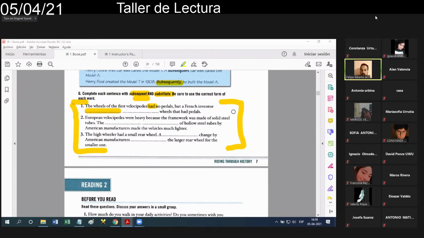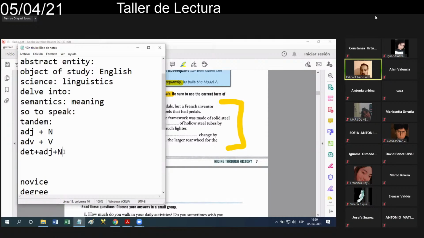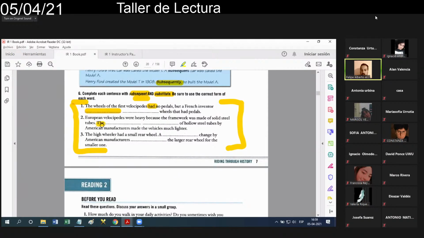Now I'm going to teach you a third tandem, which is determiner plus adjective plus noun. The word the is a determiner. Determiner, subsequent, adjective, substitution, noun, of hollow steel tubes, very good, perfect.